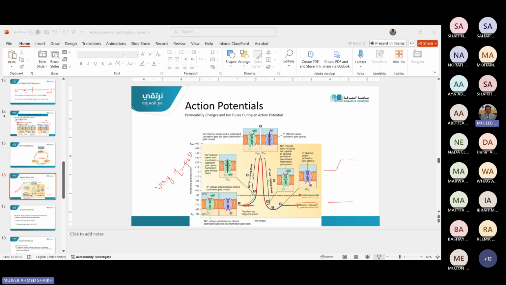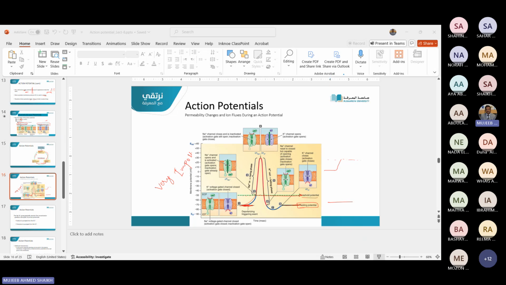As we say, these sodium channels are voltage gated. So if the cell membrane reaches a point where it is plus 20 or plus 30, suddenly the sodium channels will close and potassium channels will open. Once the potassium channels open, this is inside and this is outside, it will cause potassium to move out.